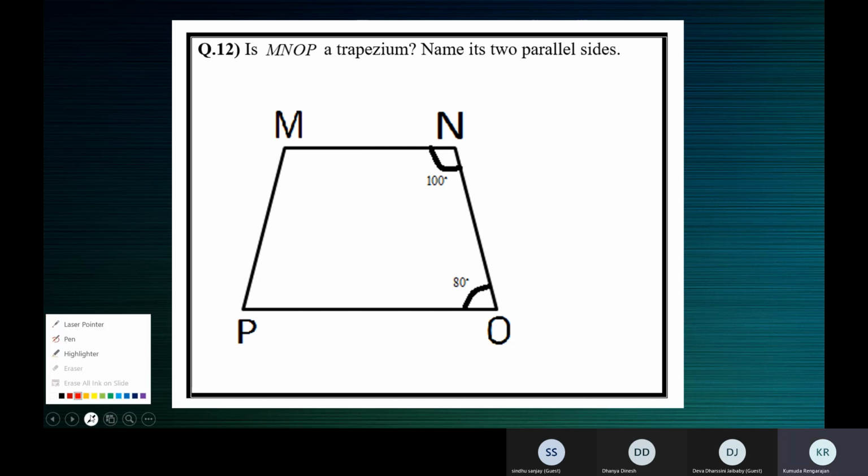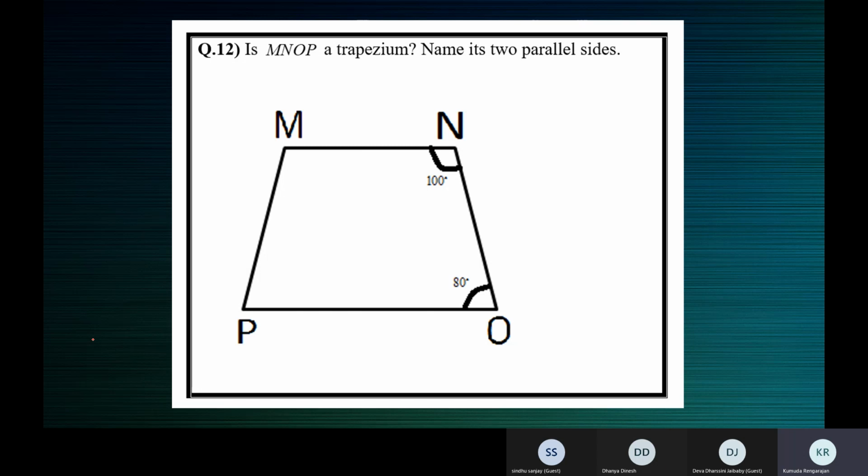So which are the two lines and the transversal here, and what property can you use to show that one pair of opposite sides is parallel? We have these angles, 100 here and 80 here.